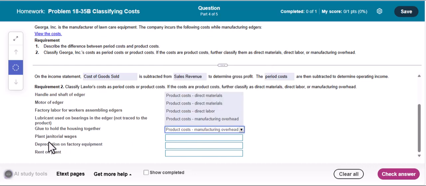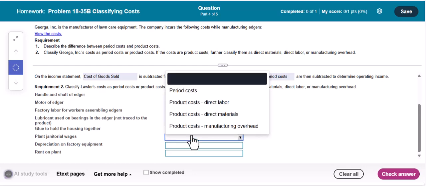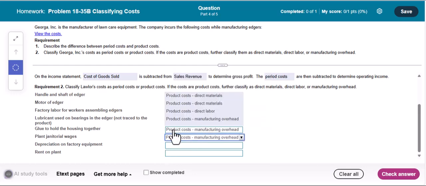And then we have plant janitorial wages. So the janitor is in the plant, and the plant is where they make the edgers. So this is an indirect cost. Specifically, it's indirect labor. So manufacturing overhead under product cost is going to be the category because, again, we can't trace the janitor's wages to a specific edger. And then next up, we have depreciation on factory equipment. So the key is this factory equipment is a product cost, but it's not a direct cost.